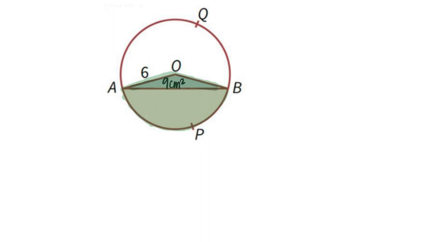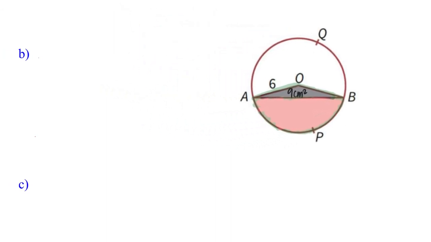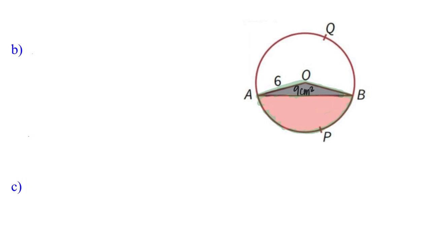Yes, the green sector area minus away the black triangle, and I get my red shaded region. Yes, and that is where we are looking for, because now we know the angle in radians. We know this angle, 5 over 6 pi radian.